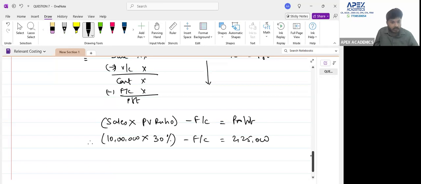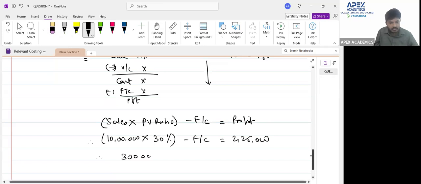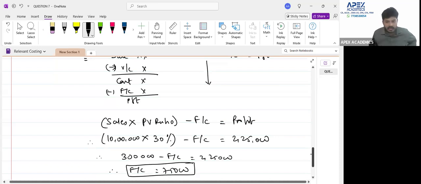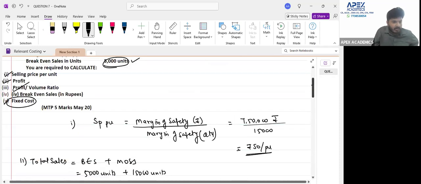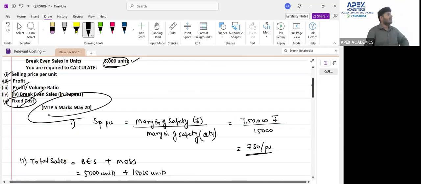Therefore 3 lakhs minus fixed cost is equal to 2,25,000. Therefore fixed cost is equal to how much? 75,000. And that is the last value that has been asked in the question. Over. MTP made 25 marks in your pocket. Any doubts?